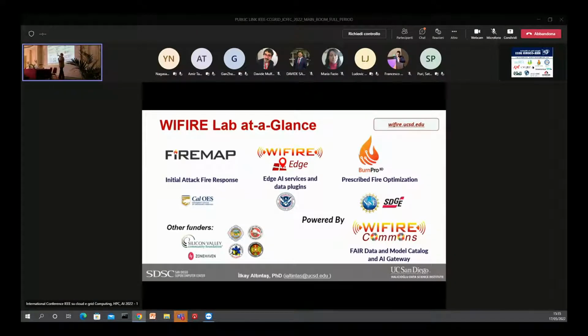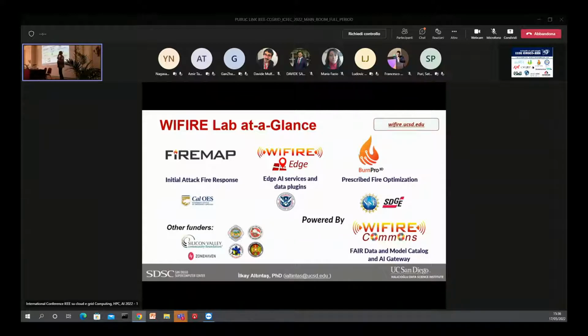Solutions: FireMap is for initial attack fire response. And it's being useful in operational context in California, both through the Governor's Office of Emergency Services and CAL FIRE to date. WIFIRE Edge is how to deploy AI and what's the architecture of bringing the data together with edge computing. Burn Pro3D is for prescribed fire optimization, which requires different type of fire modeling.